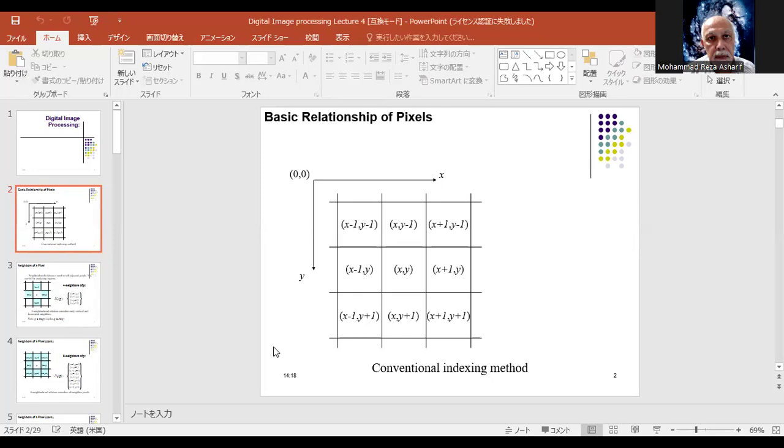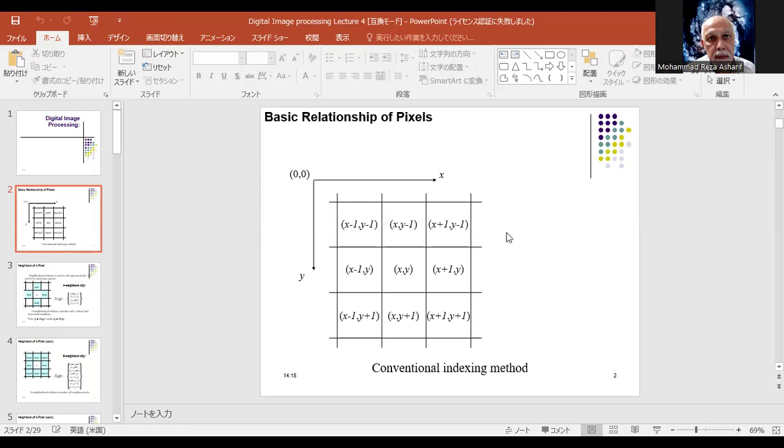For instance, we have the conventional indexing method, which is like this. We have a two-dimensional coordinate, X and Y. And for each picture element, we assign a coordinate, for instance, from left to right, X minus 1, Y minus 1, and X, Y minus 1, and X plus 1, Y minus 1.